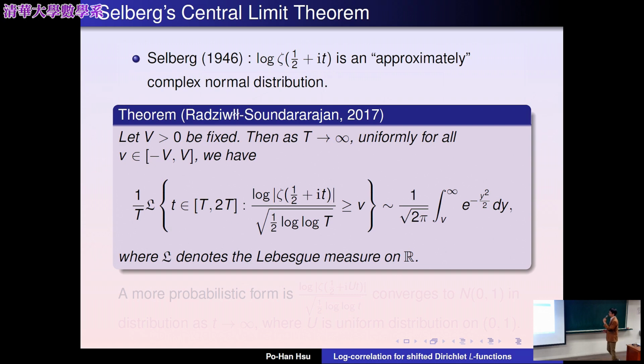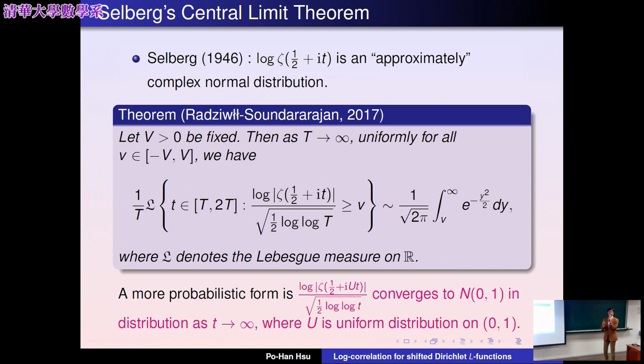Okay, and I'm not sure if we have a probabilist. Some probabilists formulate this theorem in this way. It simply says this one converges to normal 0, 1, and this is a uniform distribution on 0, 1. Okay. But if you're an analyst, this one is okay, in fact. And throughout my talk, I will be using this form instead of this form. Okay.